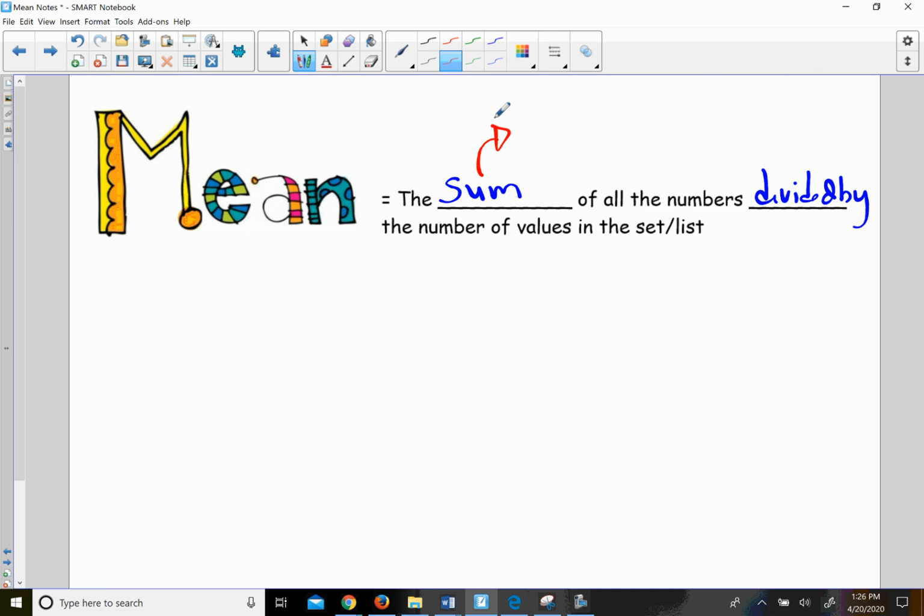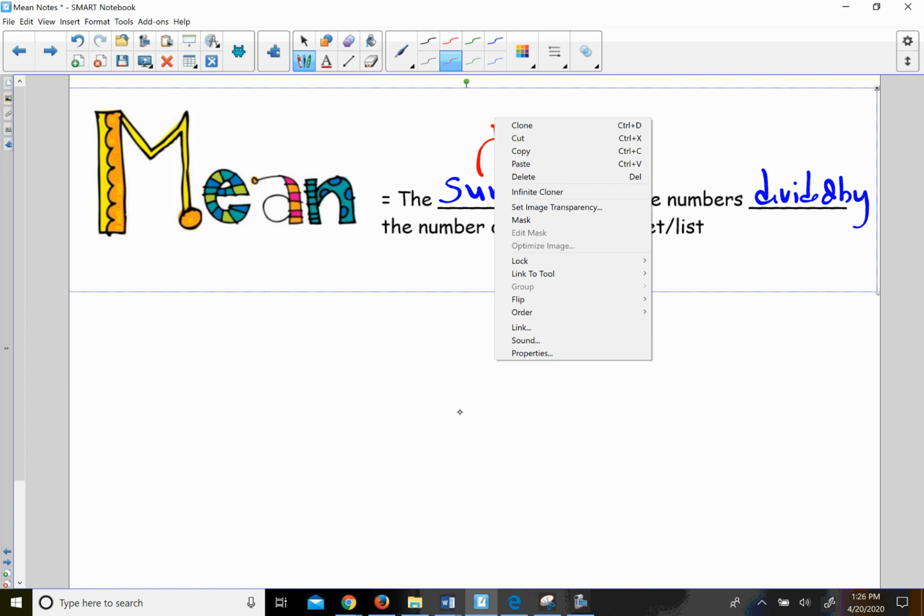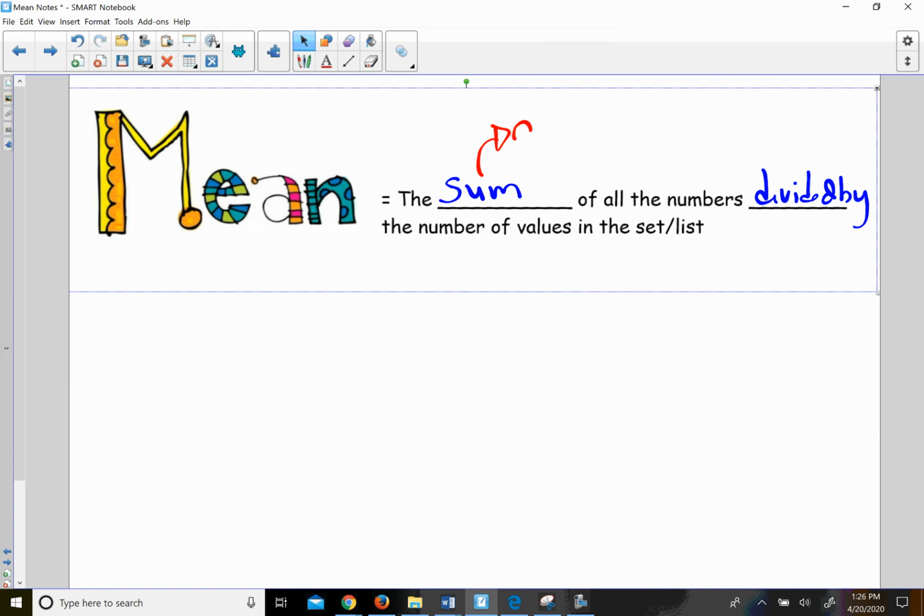If you said addition, you are correct. The answer after I add is called the sum. So basically, to get the mean of a data set, I have to take all the numbers they give me, add them up, and then divide by how many numbers there are.